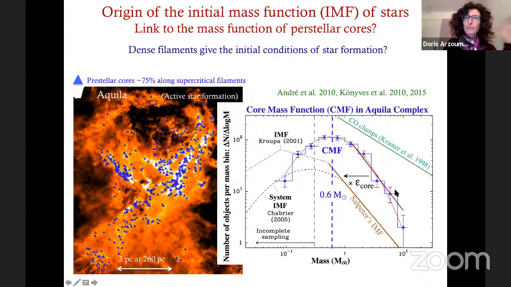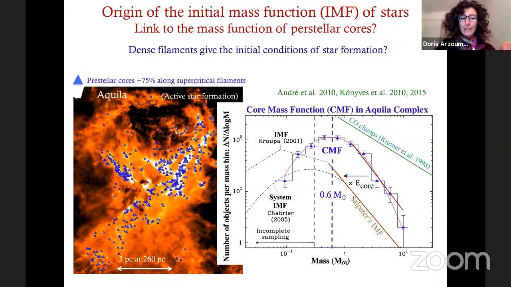So it's the CMF, the core mass function. And what we see is that this core mass function has the same shape as that of the IMF, but shifted to higher masses, which suggests that first you form cores which have this shape in the distribution of mass, and then somehow the mass will go into stars and some of the mass will be lost in outflows and stuff. And then you can end up with the IMF.